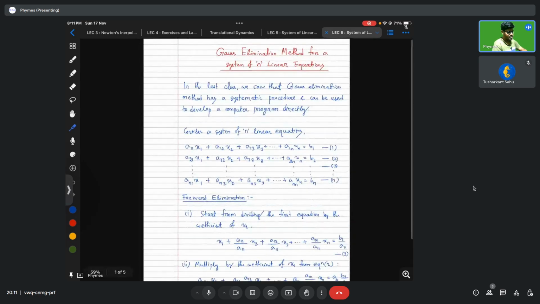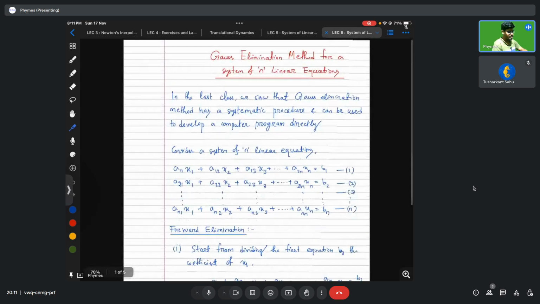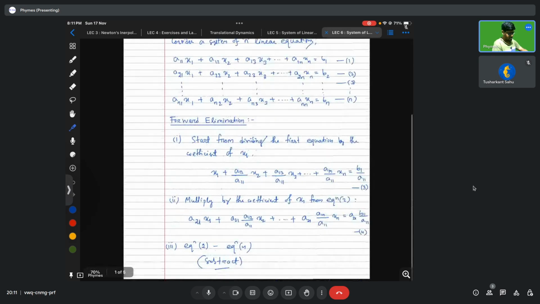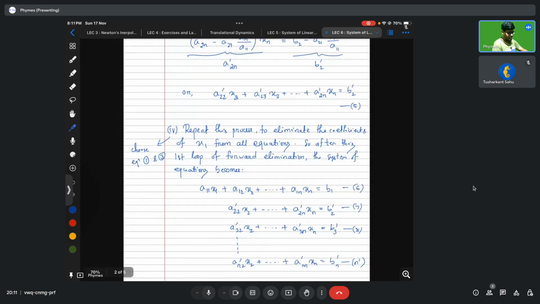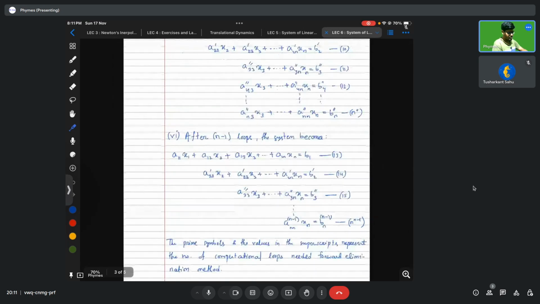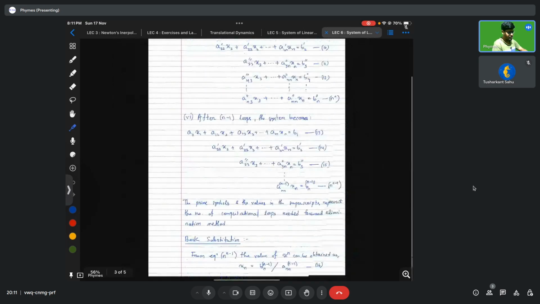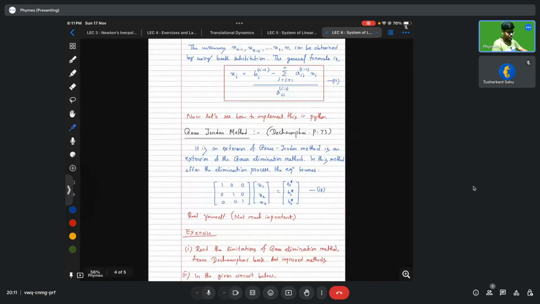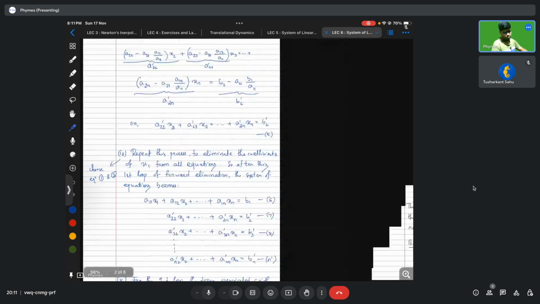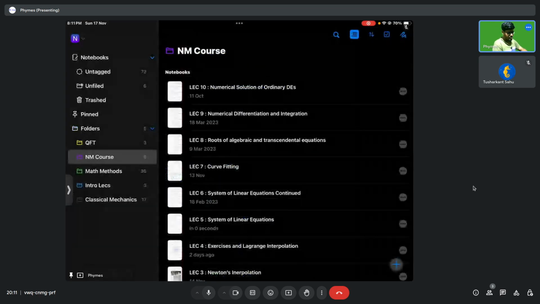So this is the Gauss elimination method for a system of n linear equations. Then how to generalize this process and how to implement this process in Python. Okay, so that's it for today.